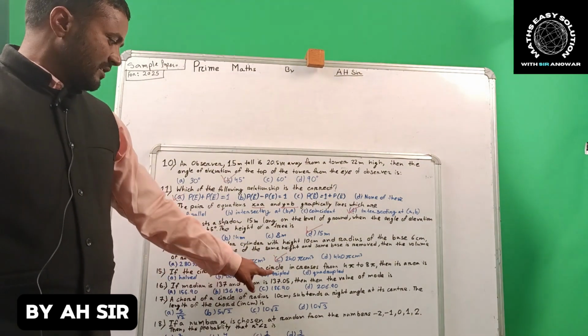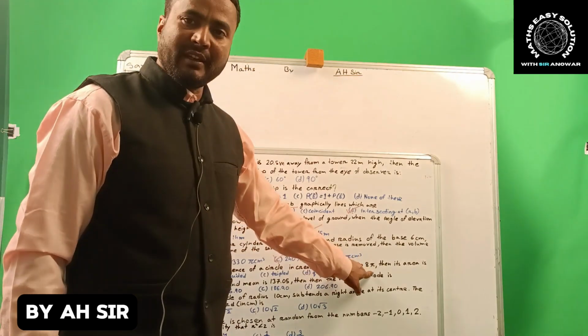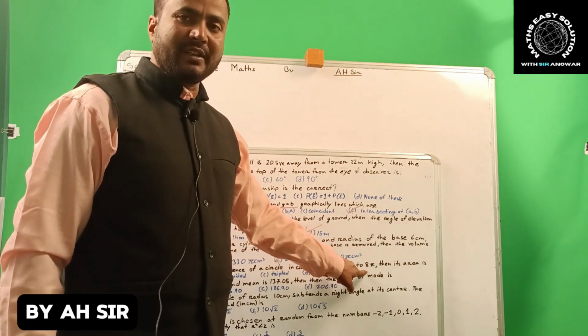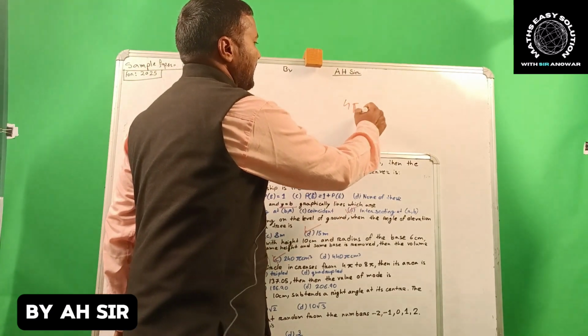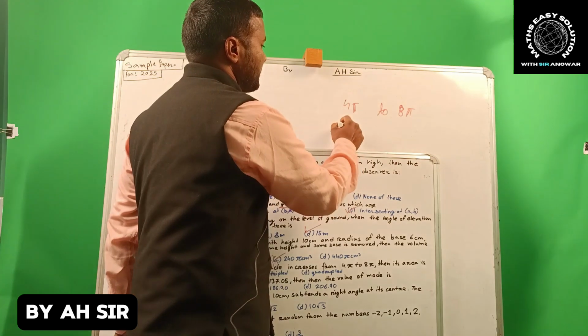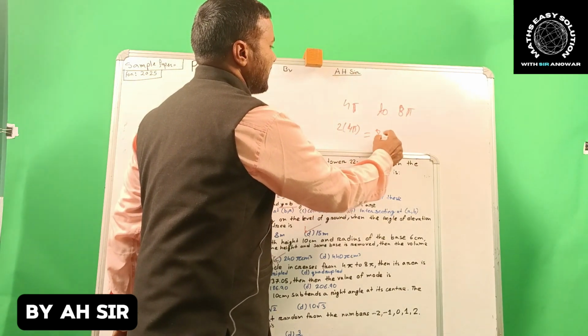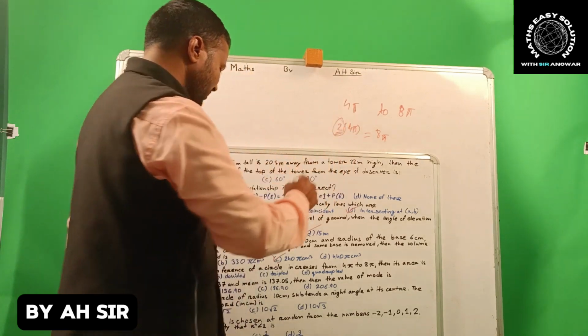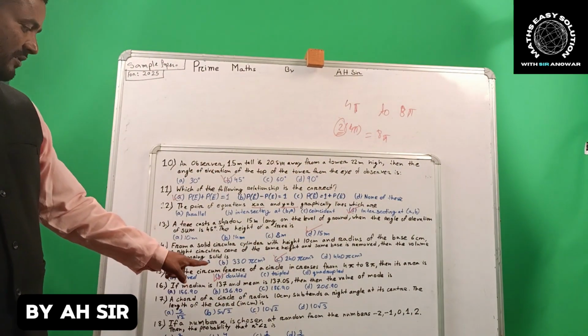Increase of circumference from 4 pi to 8 pi. How much increase here? Double increase. You see here, first one is 4 pi, increases to what? 8 pi. So how much increase? 2 into 4 pi equal to 8 pi. So 2 increase, double increase simply. No need to calculate. This is the next question.